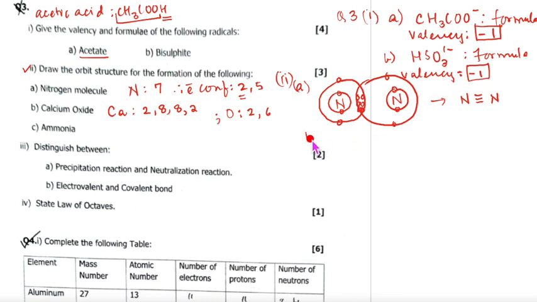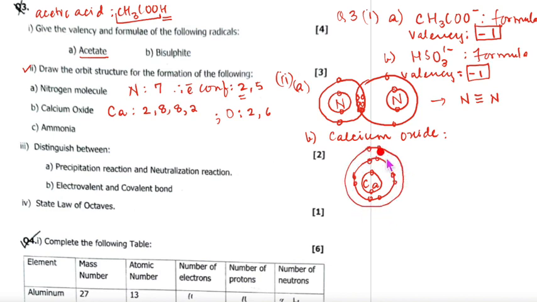So for our calcium oxide, calcium will have here 2, then 8, then again 8, and then again 2.